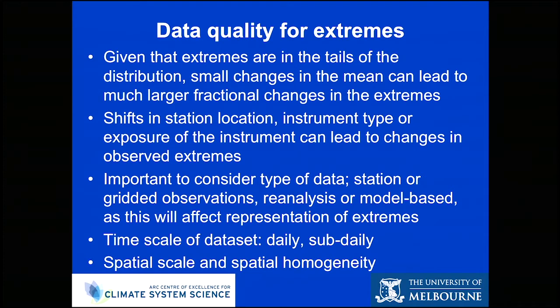And those shifts might occur for any range of reasons. Station location shifts, instrument type changes, or changes in exposure.